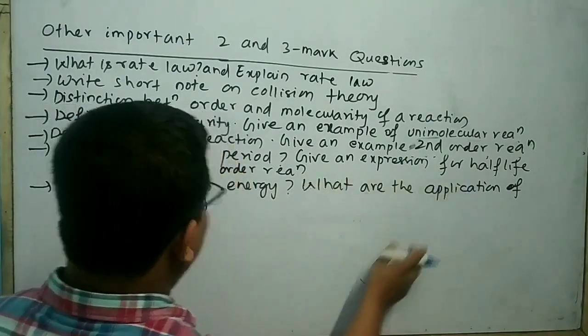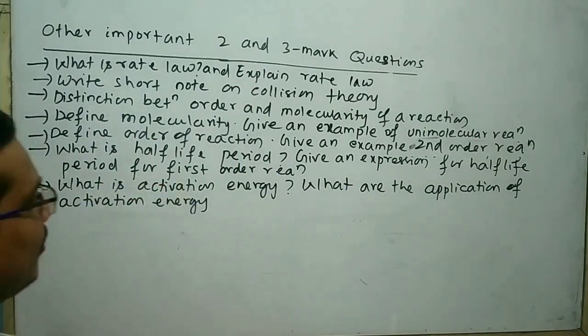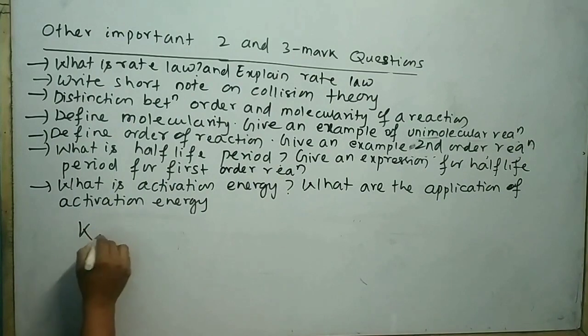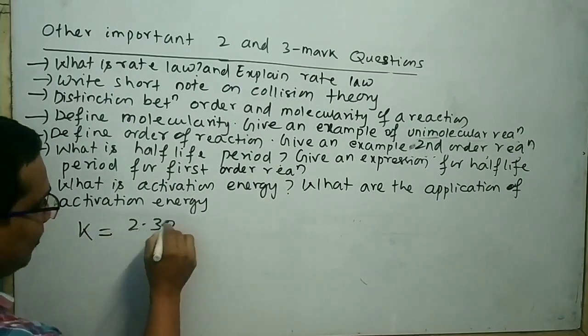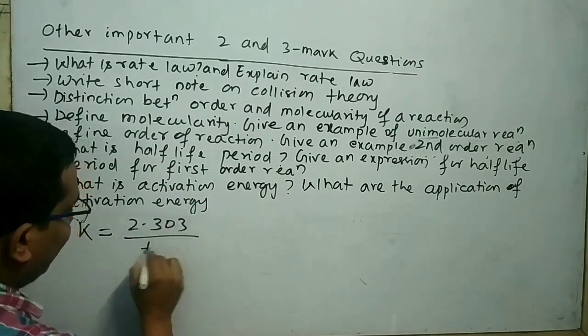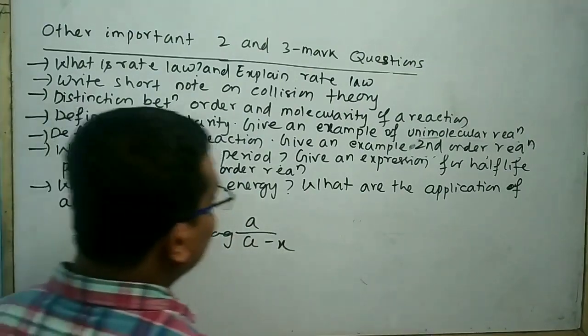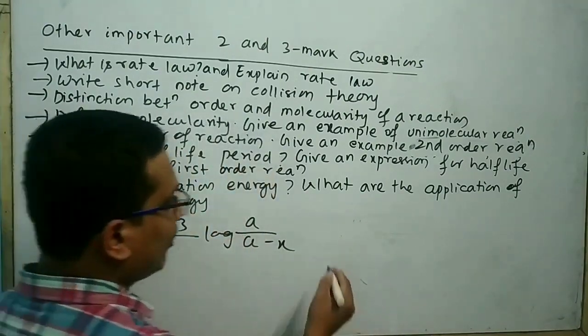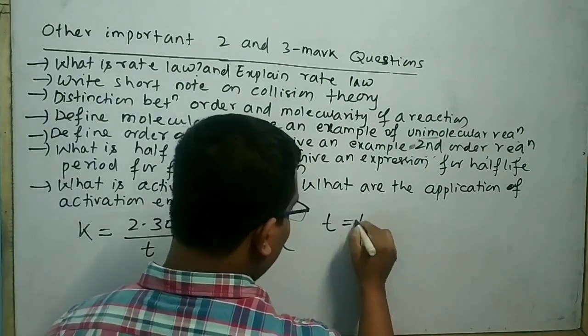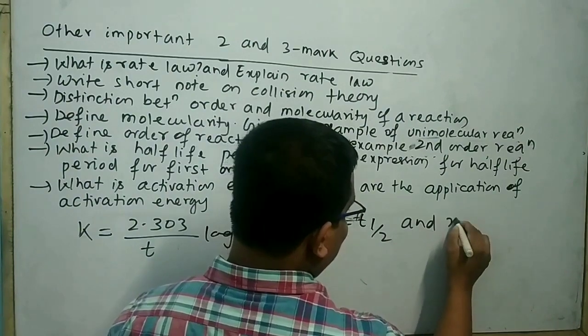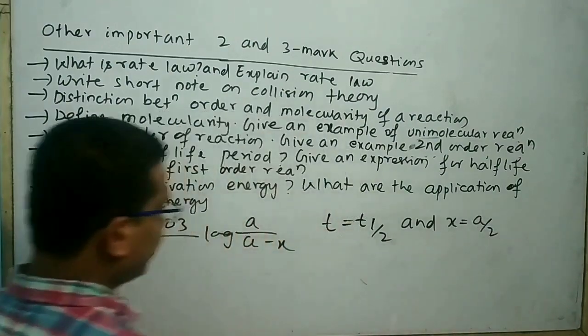Next is give an expression for half-life period for first order reaction. We know that for first order reaction the rate constant K is equal to 2.303 divided by t log of a by a minus x. According to the definition of half-life period, we can write t is equal to t half and x is equal to a by 2.